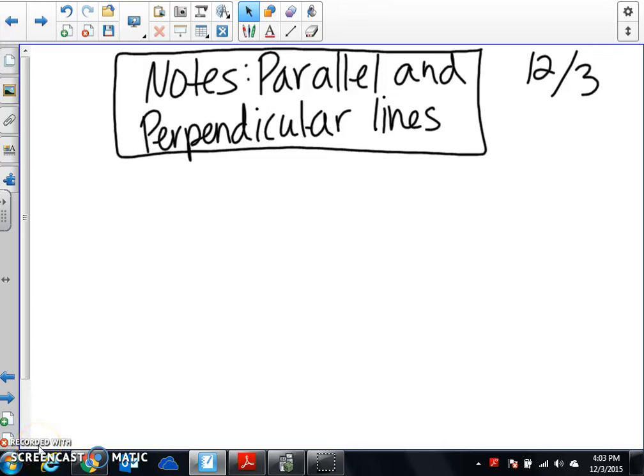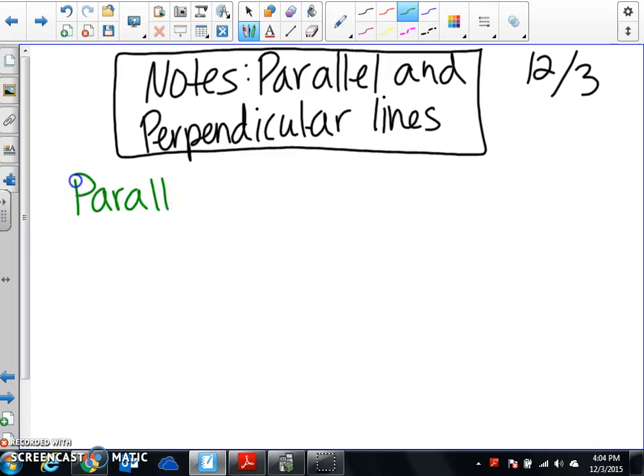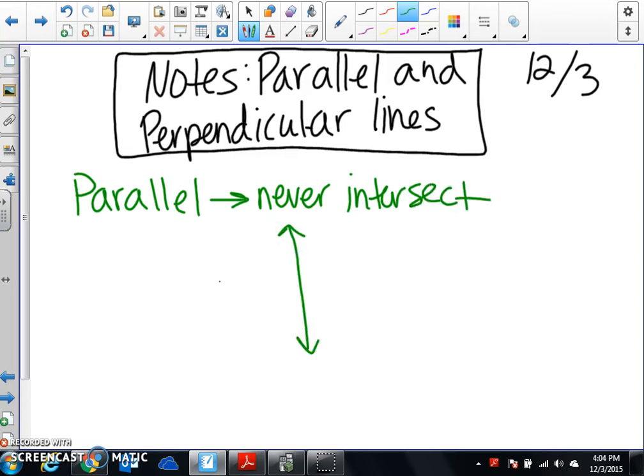There's a couple things that we need to know about parallel and perpendicular lines. Parallel, and we should know this by now, but they never intersect. Therefore, if we have a graph, if this line is here, another line can be parallel as long as they never intersect.